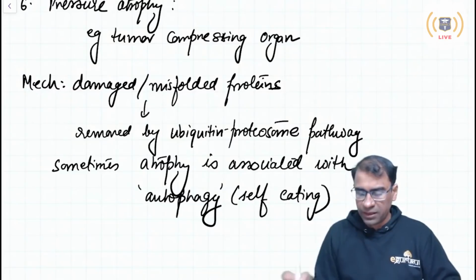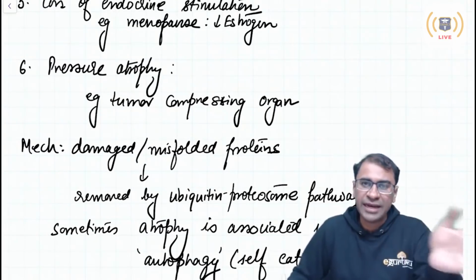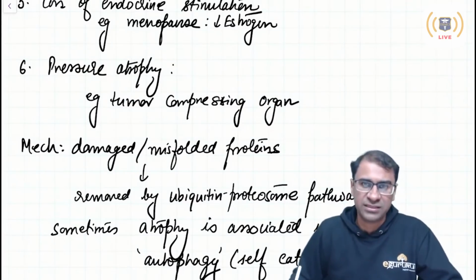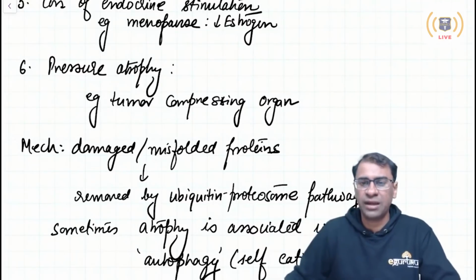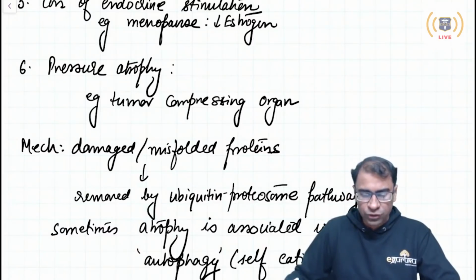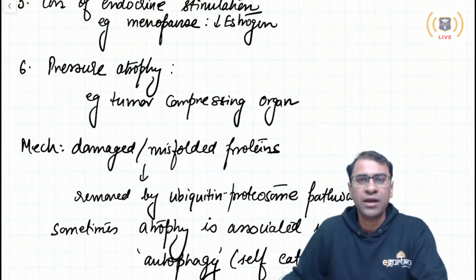Self-eating. That means sometimes when tissues are getting atrophied, it is simultaneously accompanied by eating up the atrophied cells, and that happens by something called autophagy. This is the fourth type of adaptation. It is called atrophy.